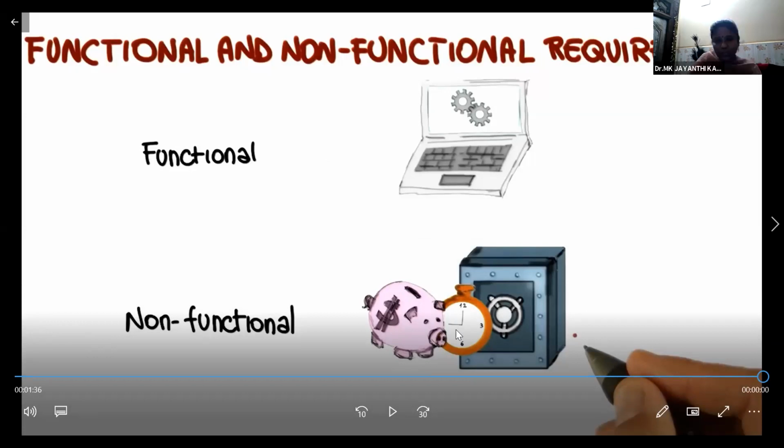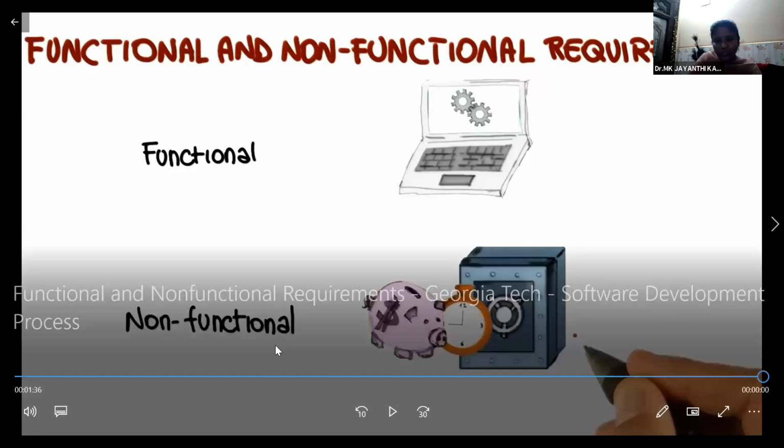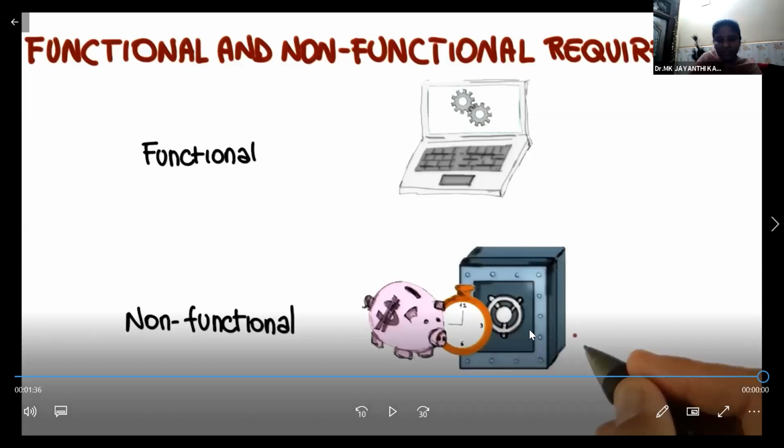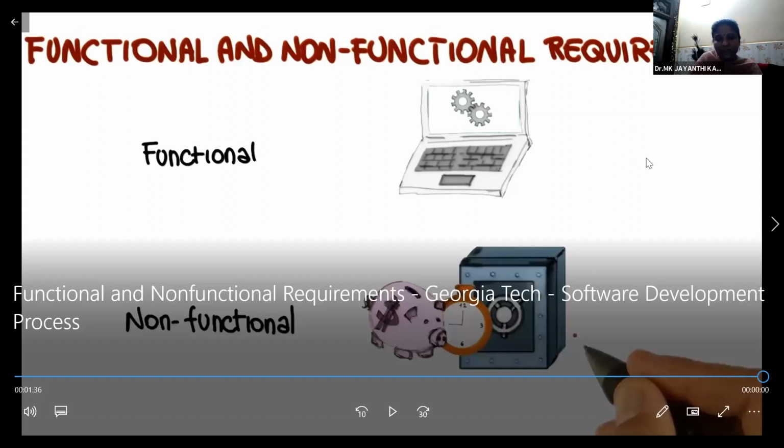The intangible properties of the system are called non-functional requirements. The system is very efficient in terms of cost, time, modules, and memory, so it occupies very little memory space. Those things will not be represented as functions, so those parameters are called non-functional requirements.